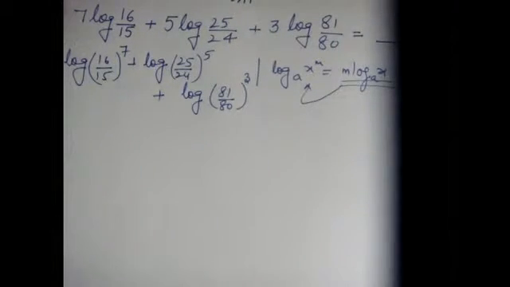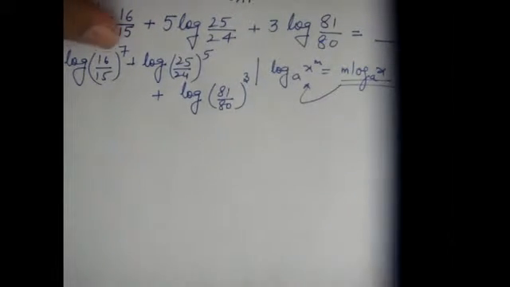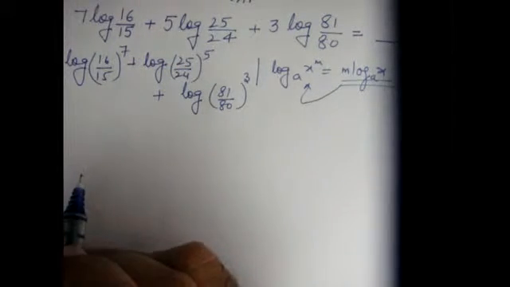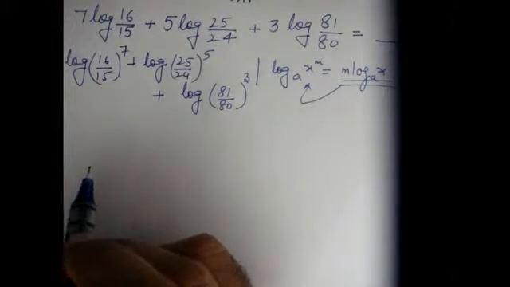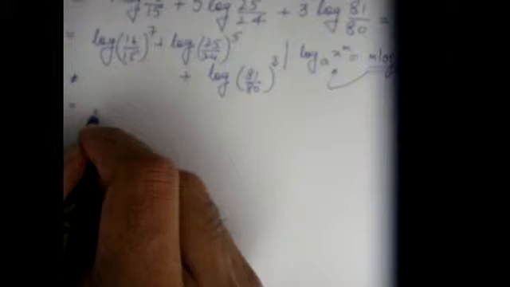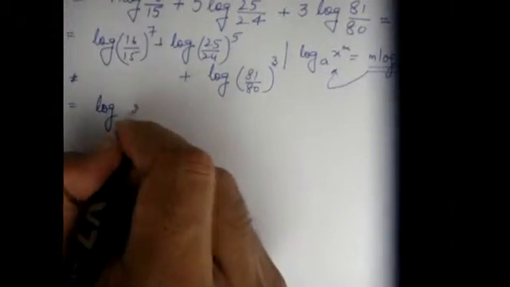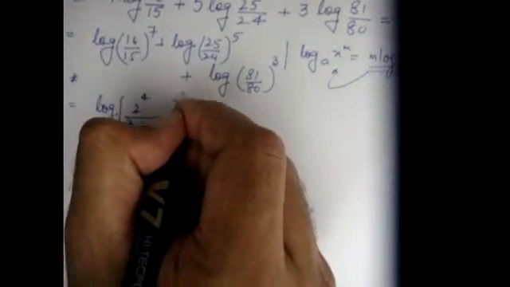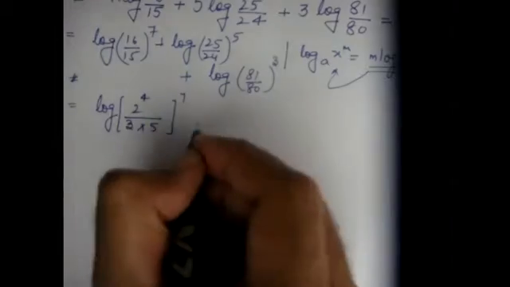Now we will convert each and every term, that is 16, 15, 25, 24, 81, 80, into prime factors, and try to make powers of 2, 3 or 5, whatever prime number is there. So log 16 can be written as 2 to the power 4 and 15 can be written as 3 times 5, and the whole is raised to the power 7.